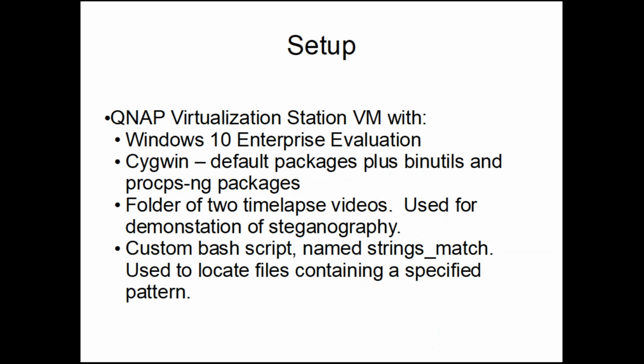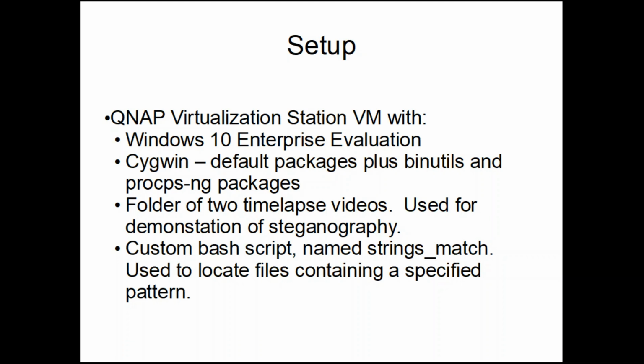The machine being used for this demonstration is a VM running on a QNAP TS453B NAS. This is a relatively low-end NAS with just 4 drive bays, 8 gigabytes of memory, and a single 4-core 1.5 gigahertz Celeron processor.